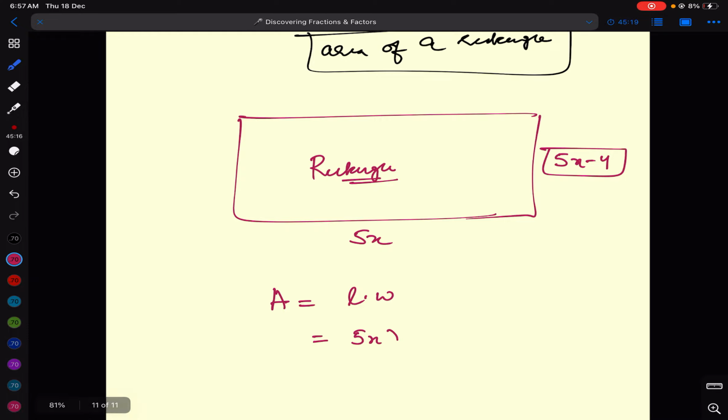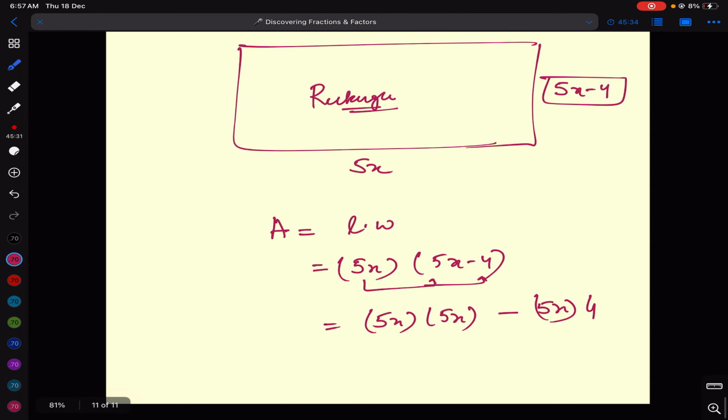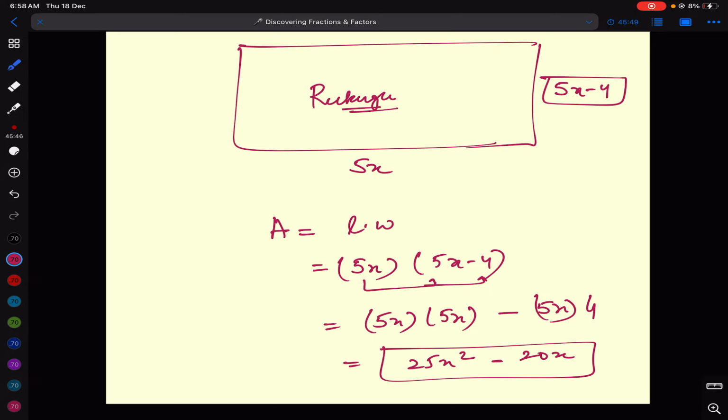Length is 5x. What is width here? 5x minus 4, right? Now you will distribute them. So this is going to be 5x times 5x minus 5x times 4, correct? What is 5x times 5x? This is 25x square. And what is 5 times 4? 20, and then there's x.